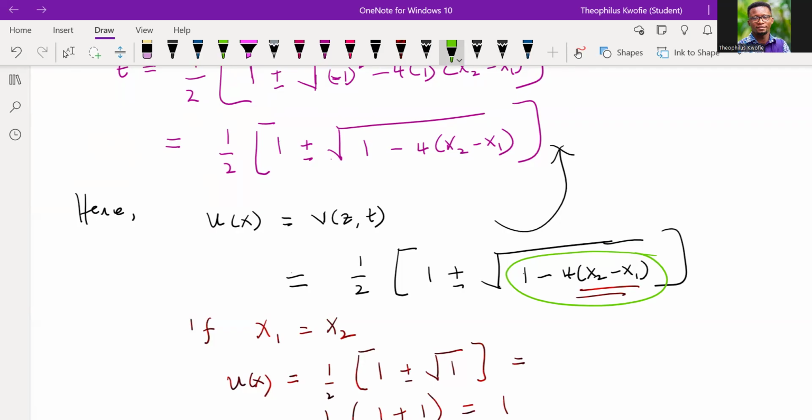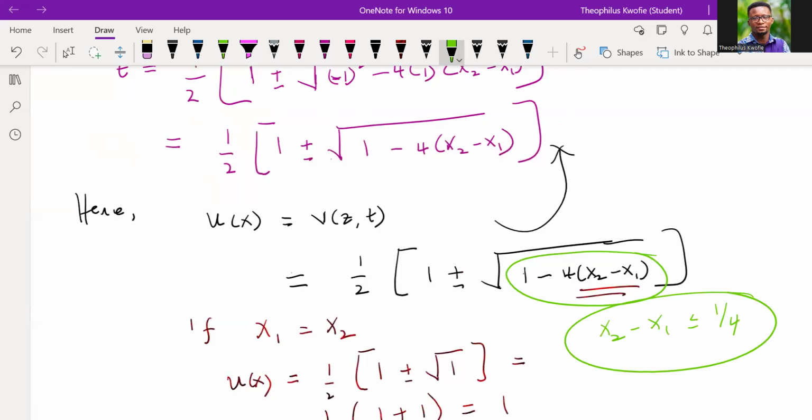What's this particular term under the square root would enable us to have a solution if and only if x2 minus x1 is less than or equal to a quarter.